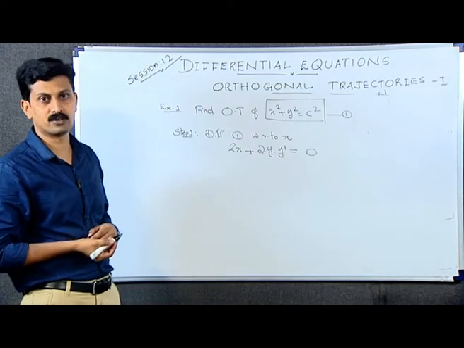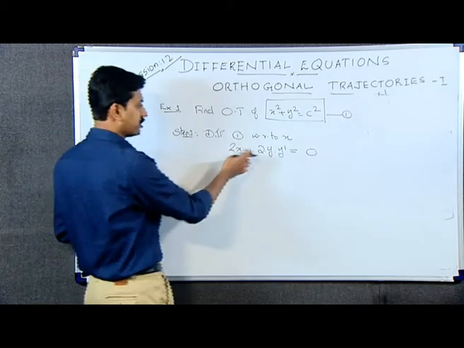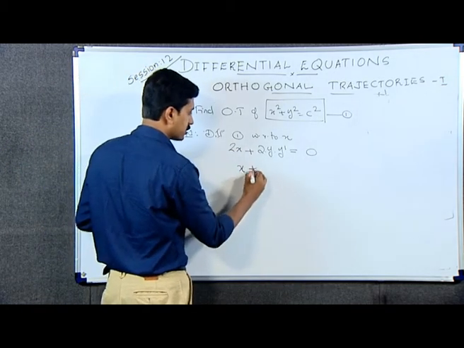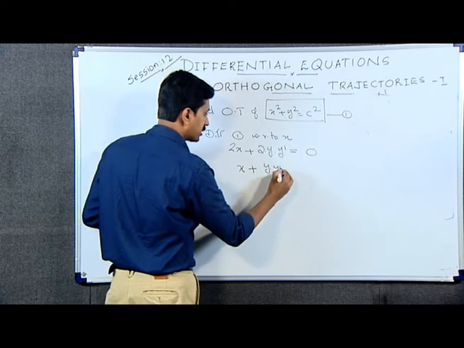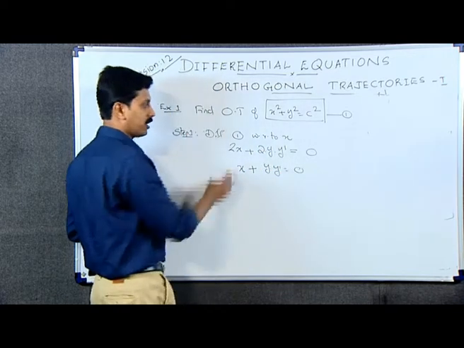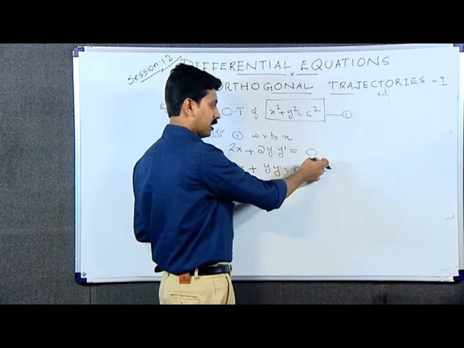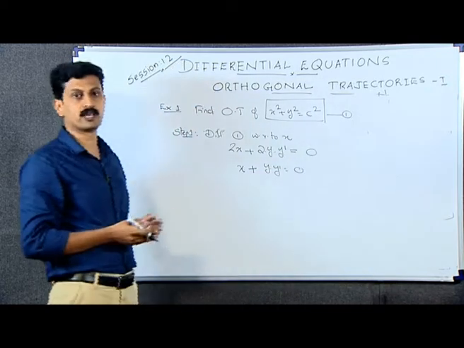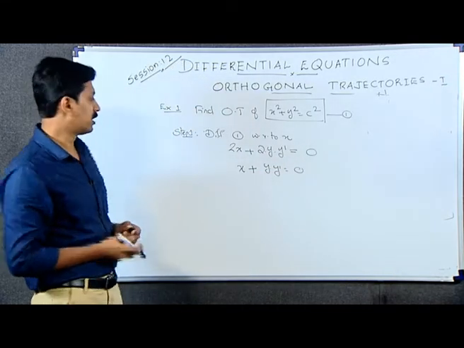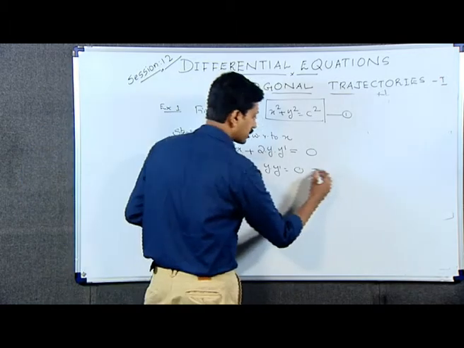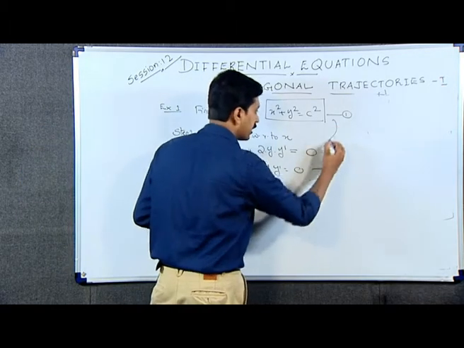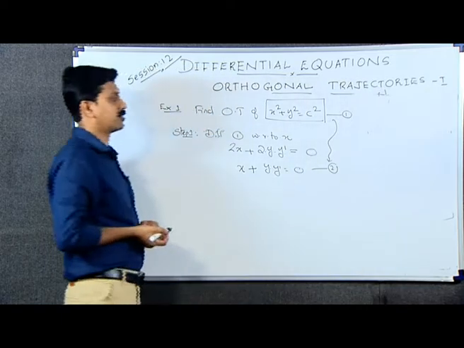Since 2 is common, we get x plus y y dash is equal to 0.